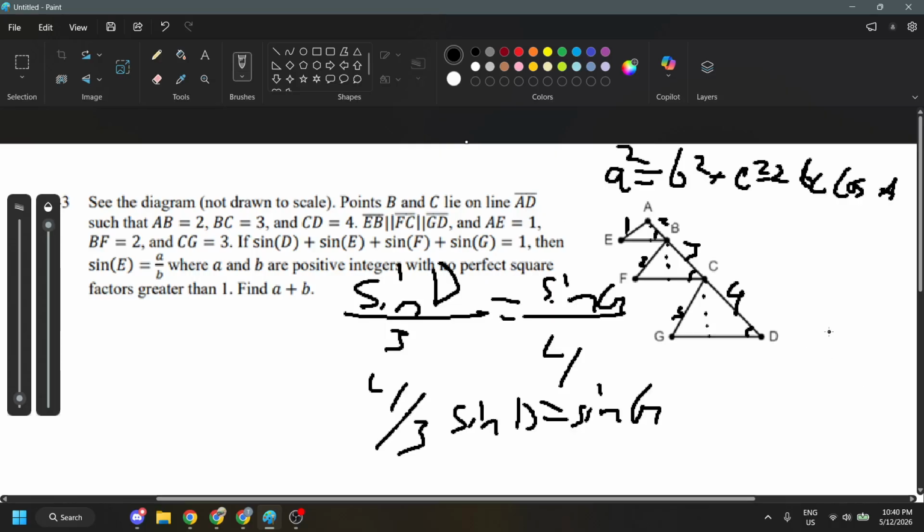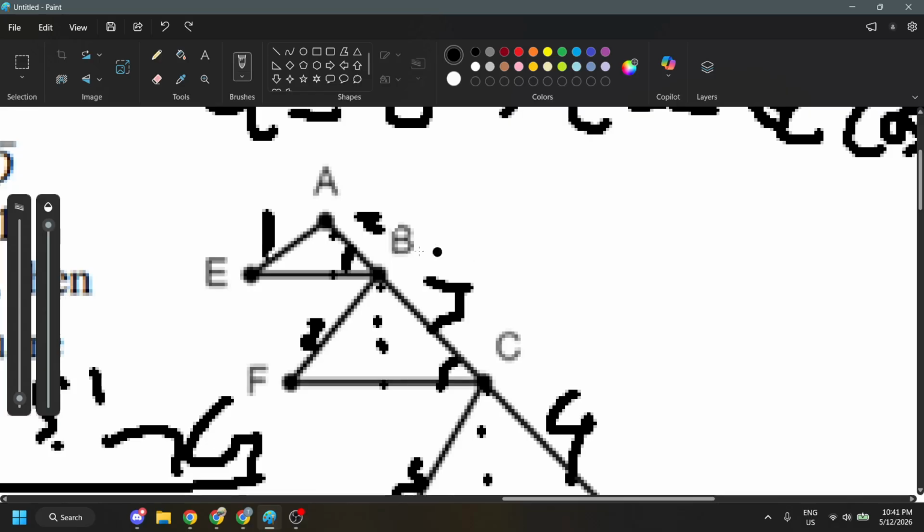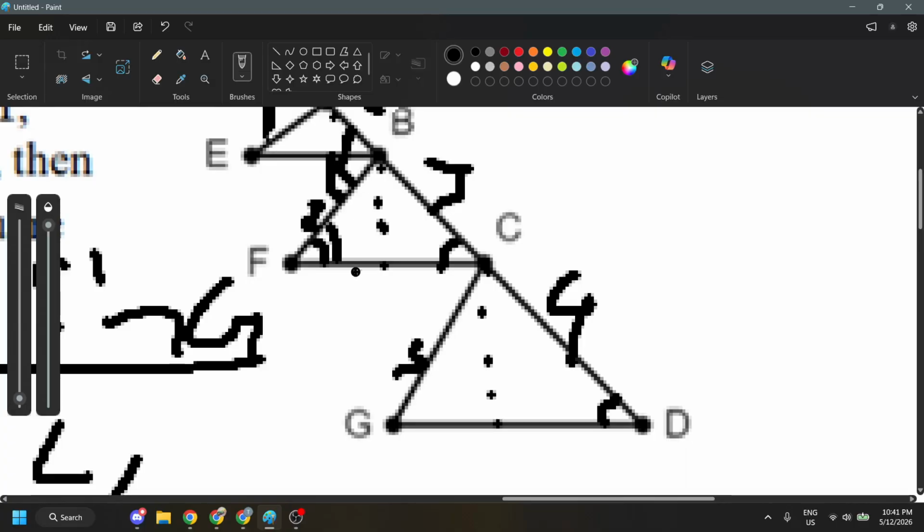Ooh, maybe we could use the parallel lines, because then these create transversals. So this is equivalent to this. Let me zoom in. You know that this is equivalent to this, and this is equivalent to this.